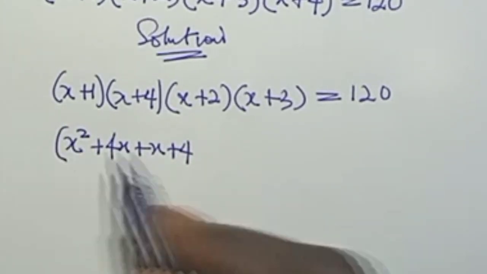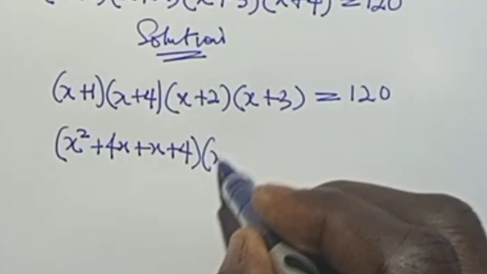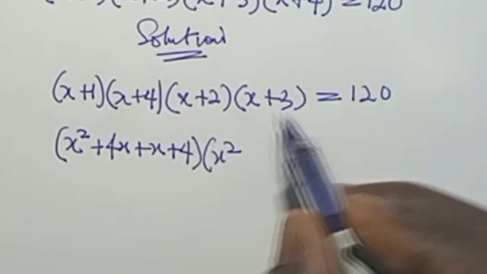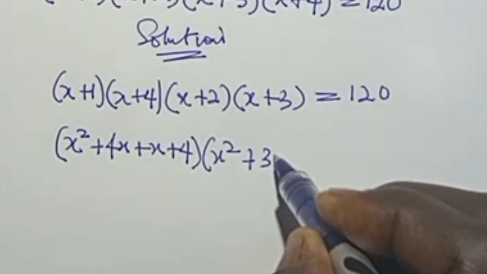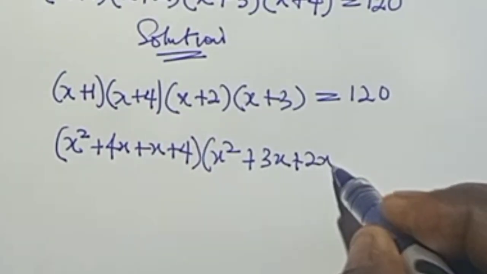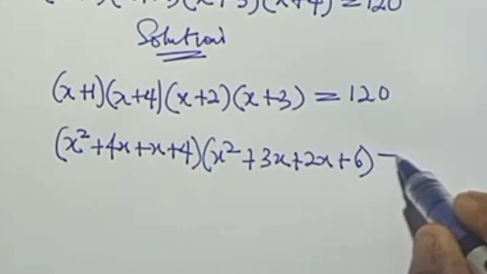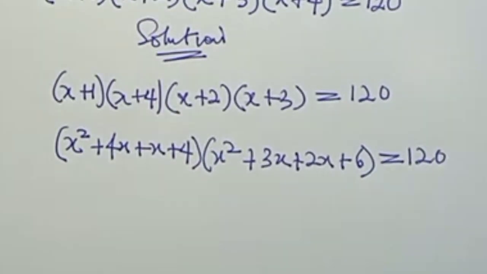For this part, put it in brackets, and on this other part, x times x is x squared, x times 3 is 3x, and 2 times x is 2x, plus 2 times 3 is 6. We close the bracket. This is all equal to 120.